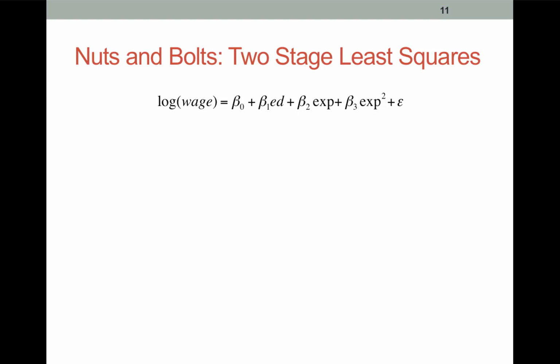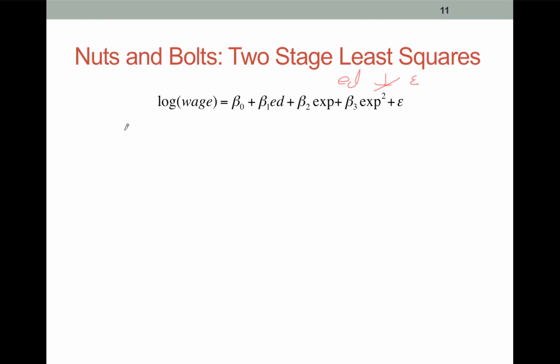Okay, we start out with the original regression model. Now we can't just use OLS or ordinary least squares to estimate this, because remember that education is not independent of the error term.